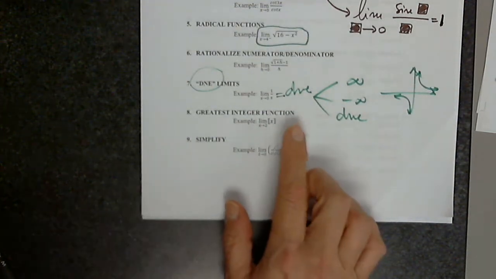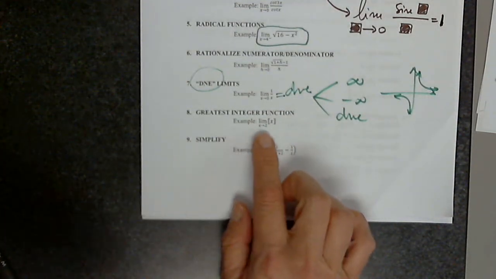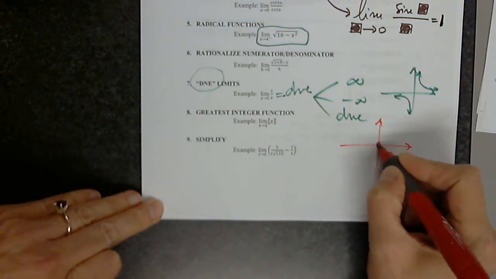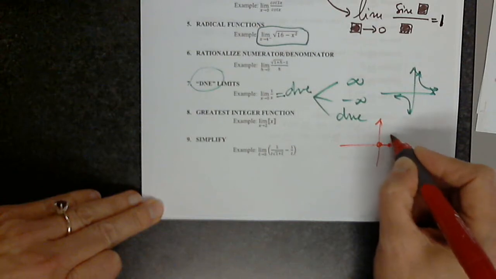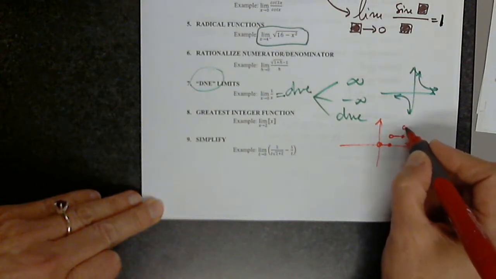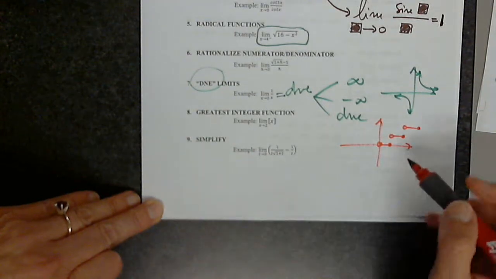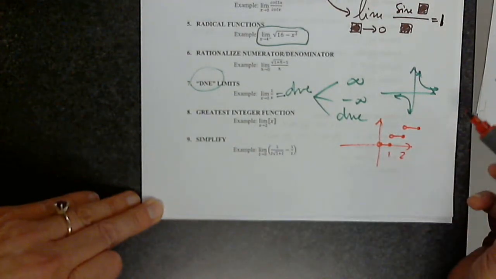Okay, the greatest integer function, it's a step. As x approaches 2 from either side, this is 1.